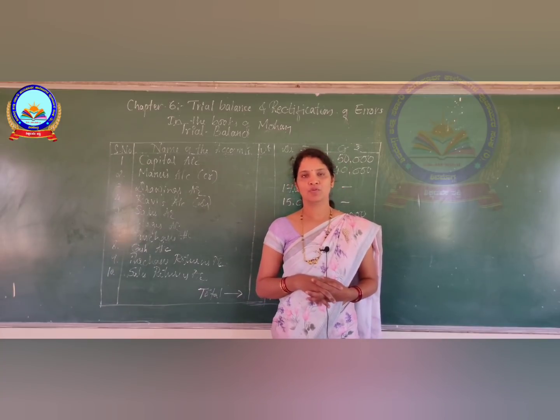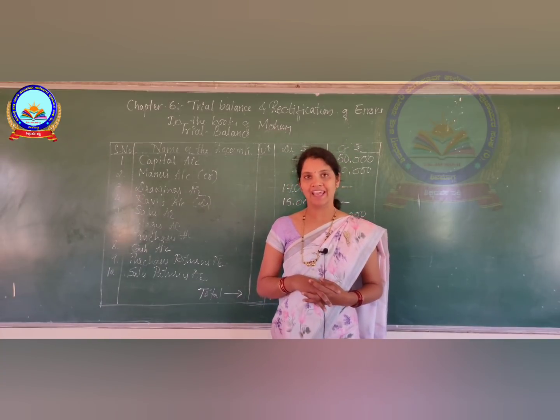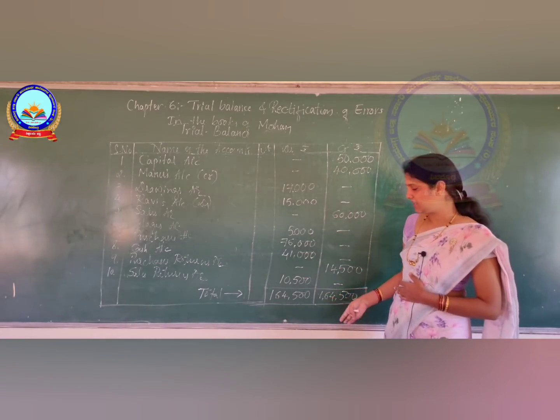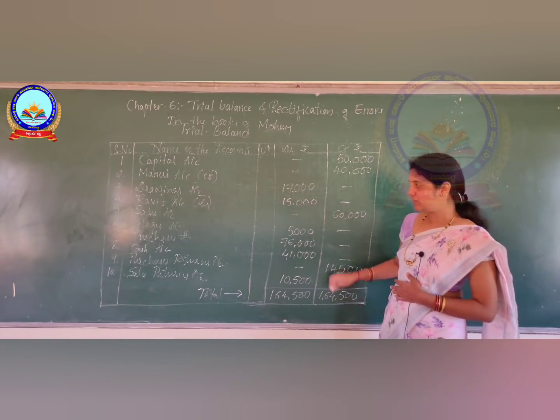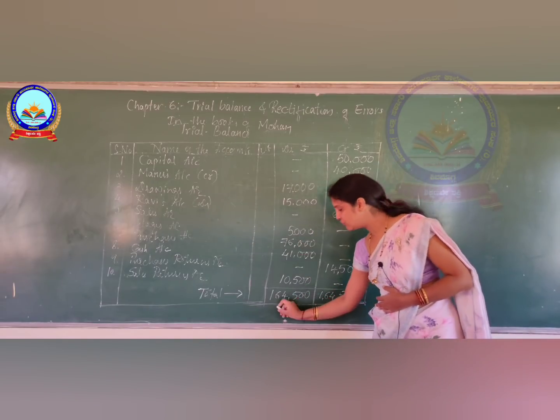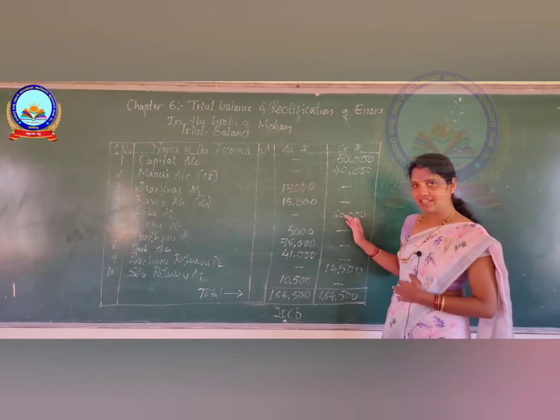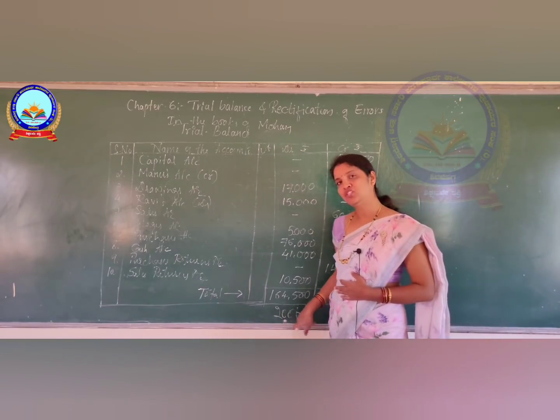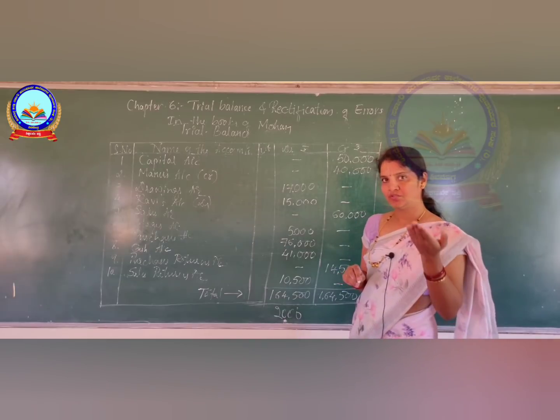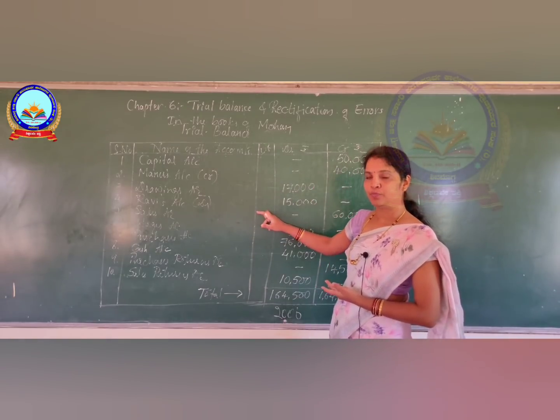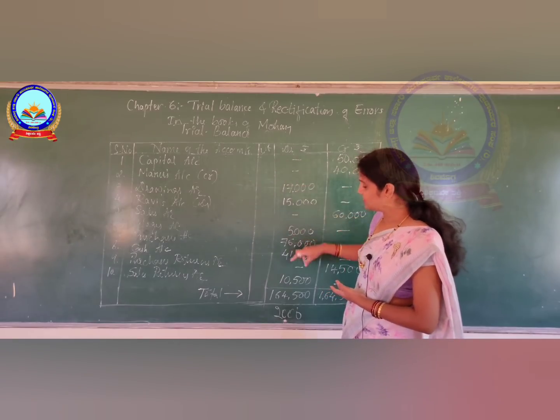So this is about searching of errors. In some cases, errors can be found out in the trial balance itself when the trial balance does not tally. For example, when there is an excess of rupees 2000 on the debit side of the trial balance over the credit column, divide this 2000 by 2. What do you get? You get 1000. Search whether any item of rupees 1000 is placed here.